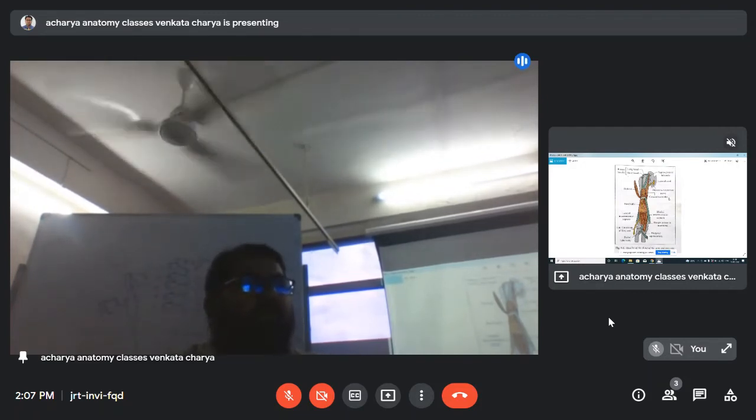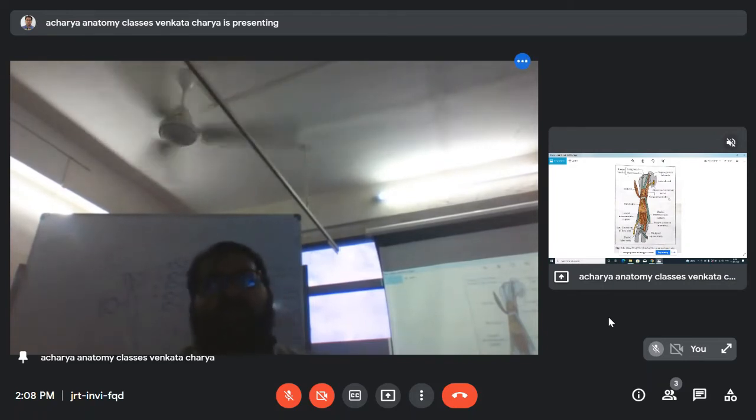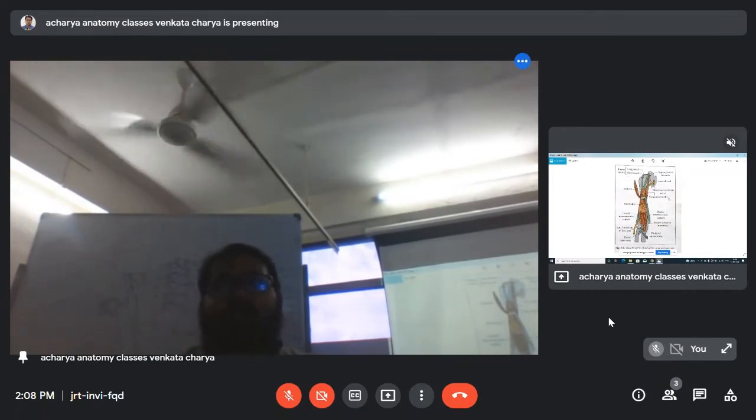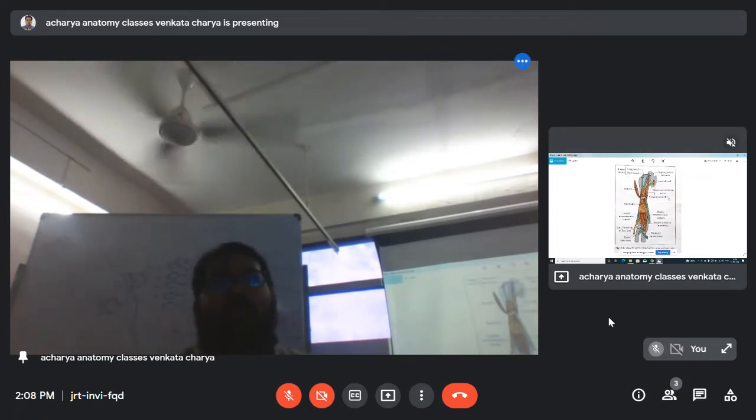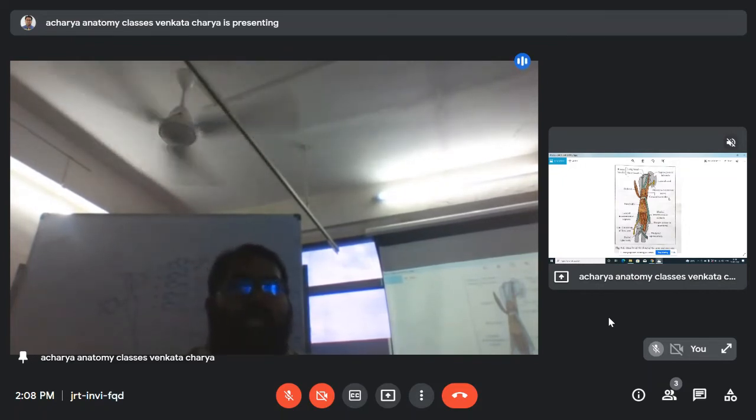Whenever it pierces the coracobrachialis, it gives one branch to the coracobrachialis muscle. Yes, are you getting?